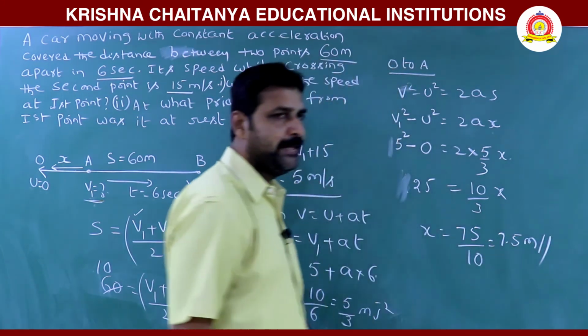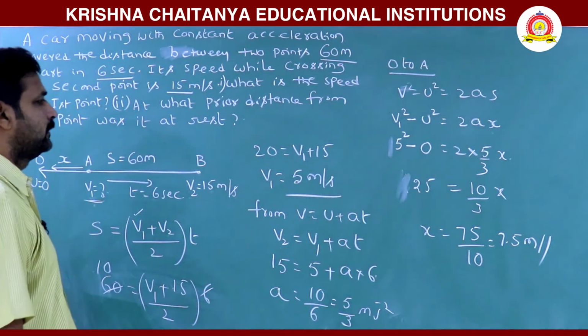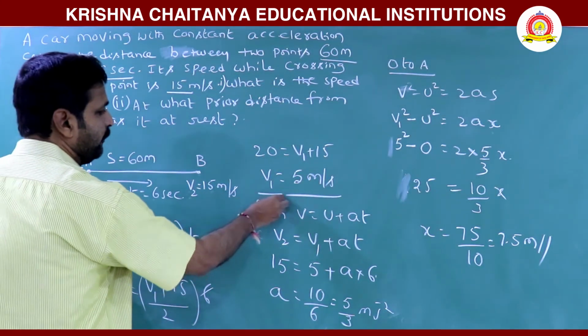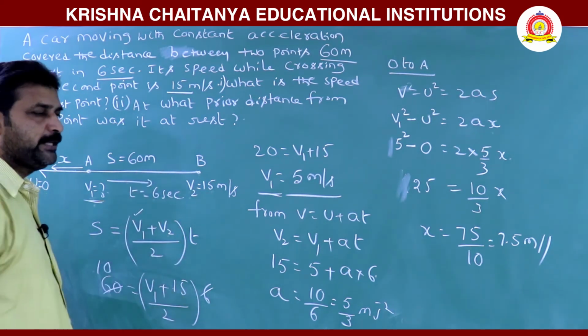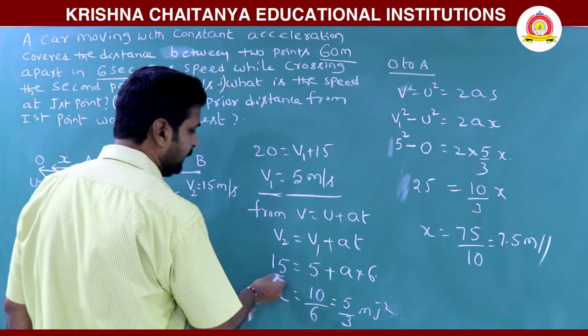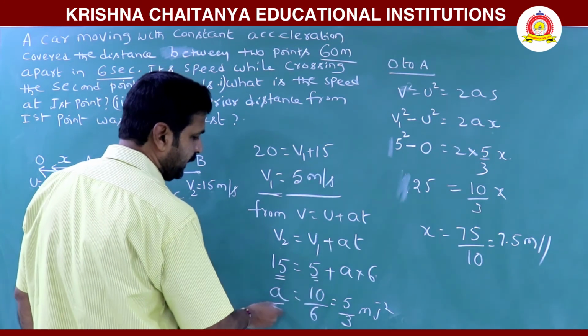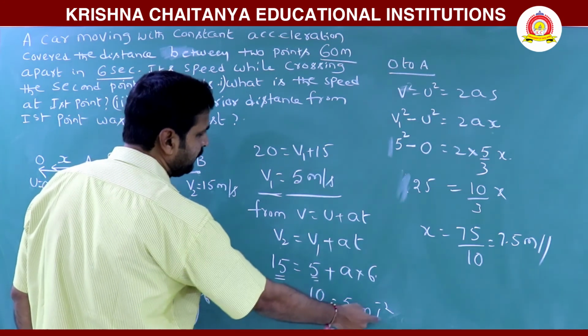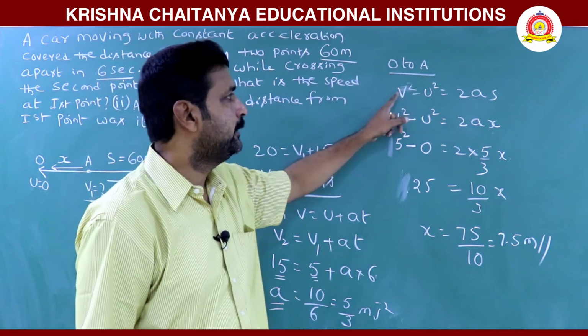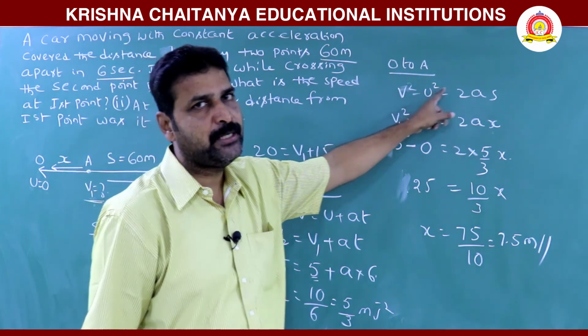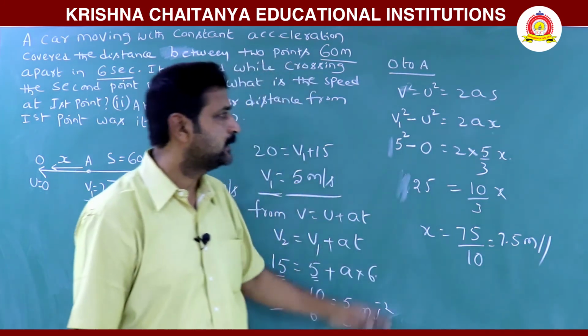Once again, here we obtained v1 as 5 and given v2 as 15. So substituting these values, we derived a as 5 by 3 meter second inverse 2. Now from O to A, taking the expression v squared minus u squared is equal to 2as.